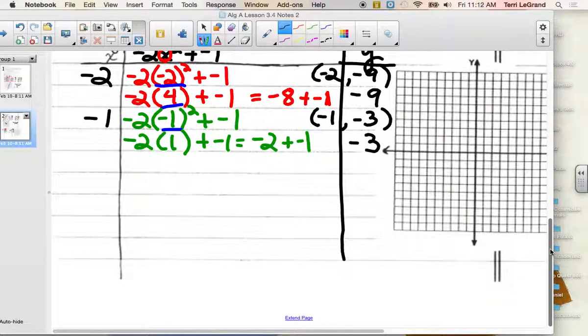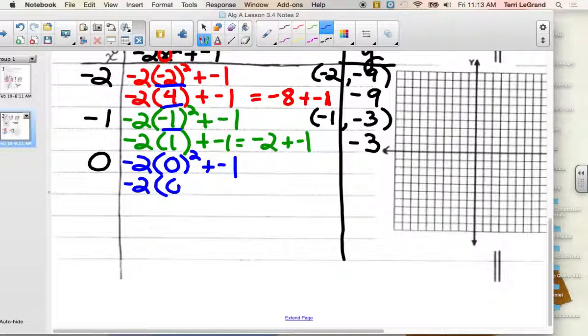Now we're going to do 0. So -2 is part of the function rule, and 0 is going in for the x that gets squared. We drop down here so we can see that what we're doing is we're squaring first. Zero squared is 0.